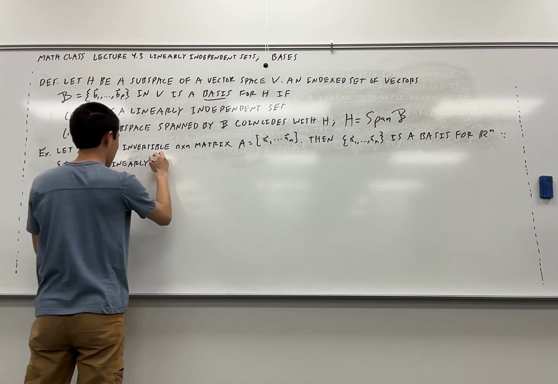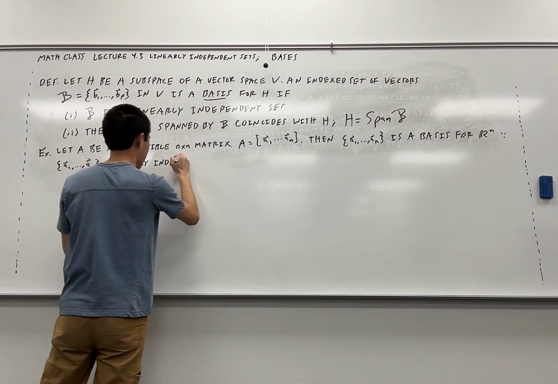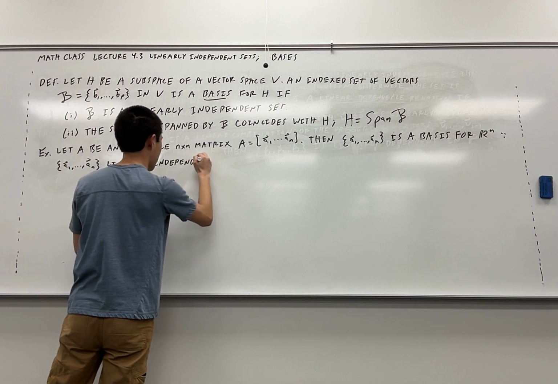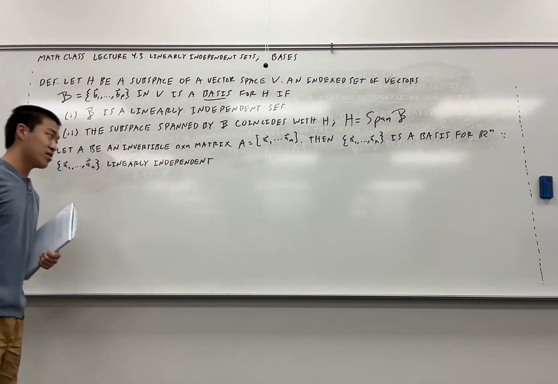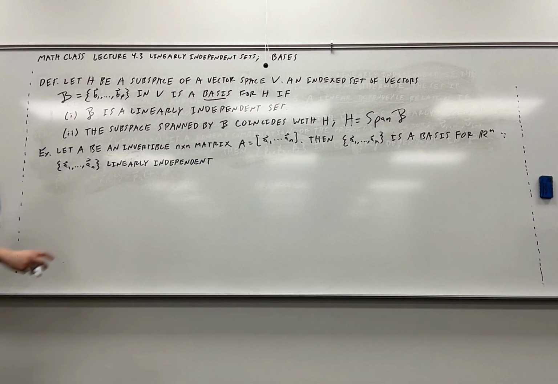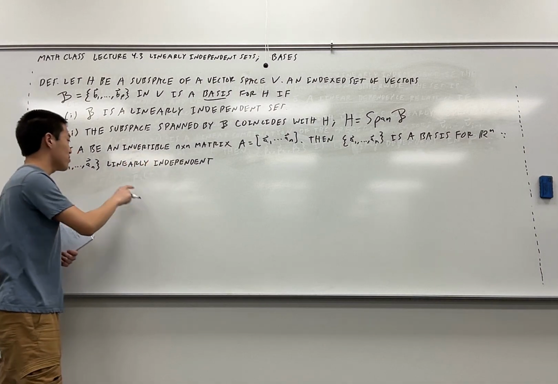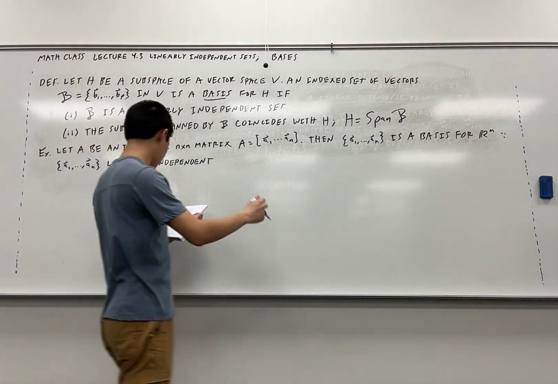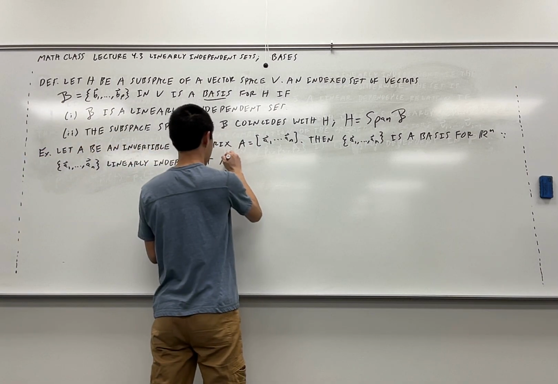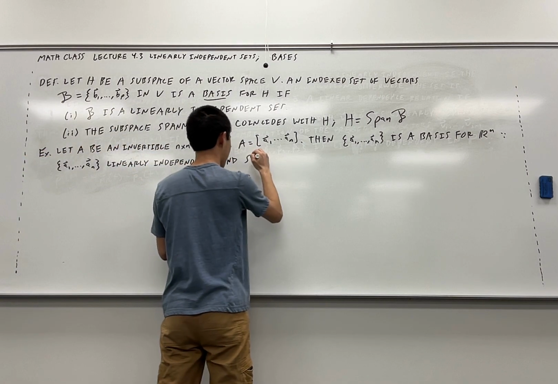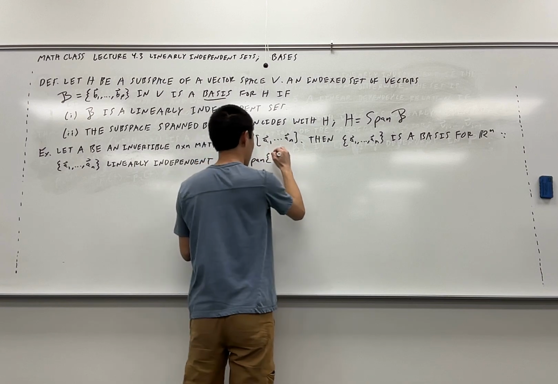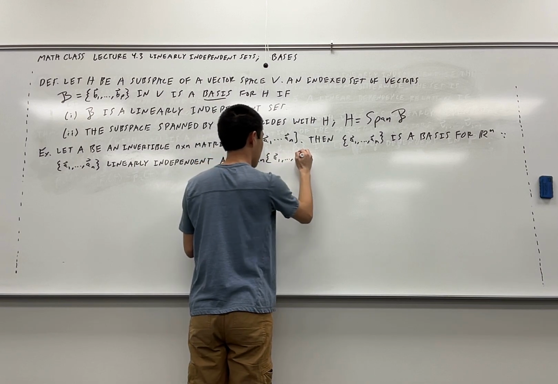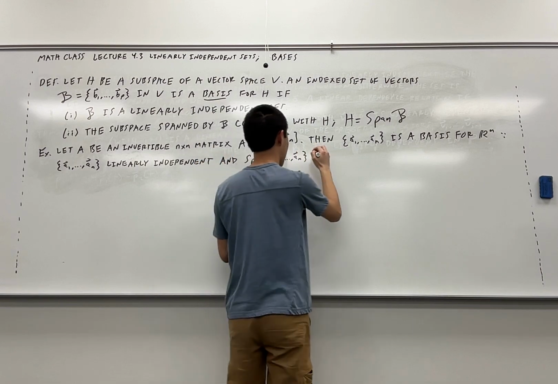So if that's given to us, these columns are linearly independent. Why? Because that's what the invertible matrix theorem guarantees us: since A is itself invertible, the columns of A are linearly independent. And then the span of these columns spans Rn.